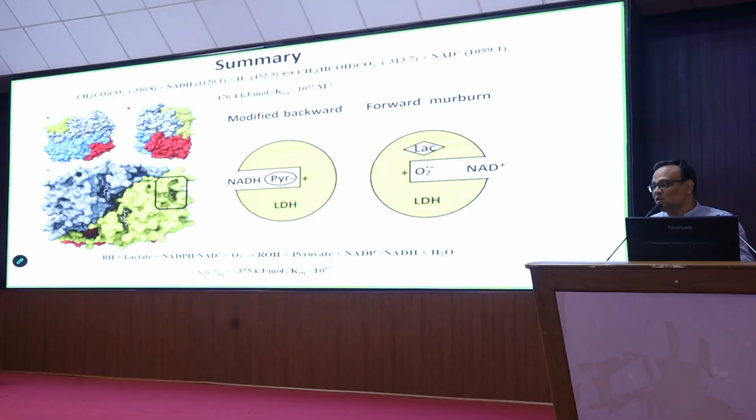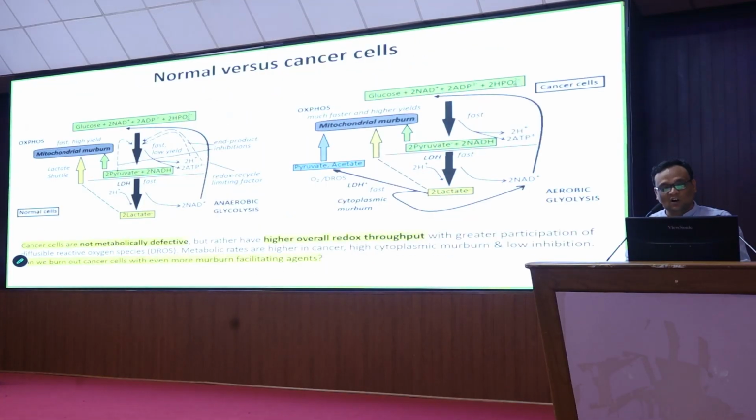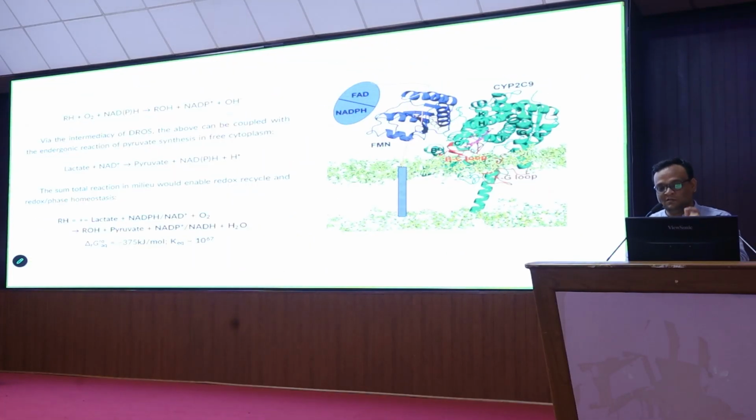But in the Morvan purview, because of CPR and CYP, you see their ability to produce a lot of ROS and the ability of drug molecules also to be there, right? Drug molecules are converted by this. You just had a talk on cytochrome P450 by my friend Abhinav.